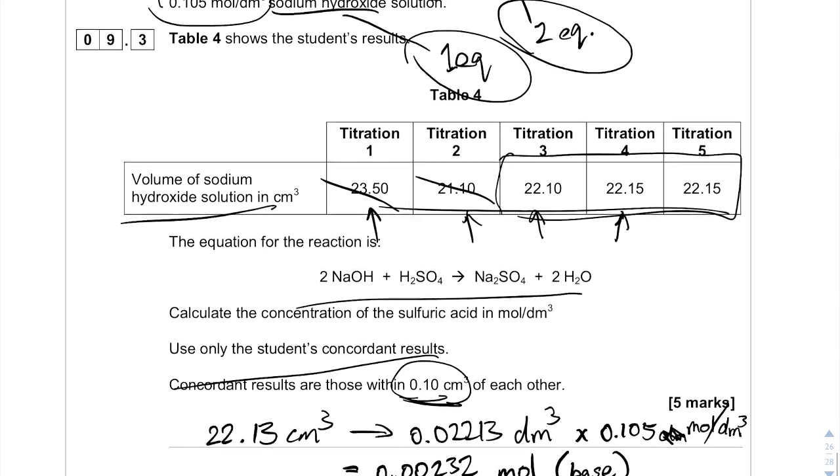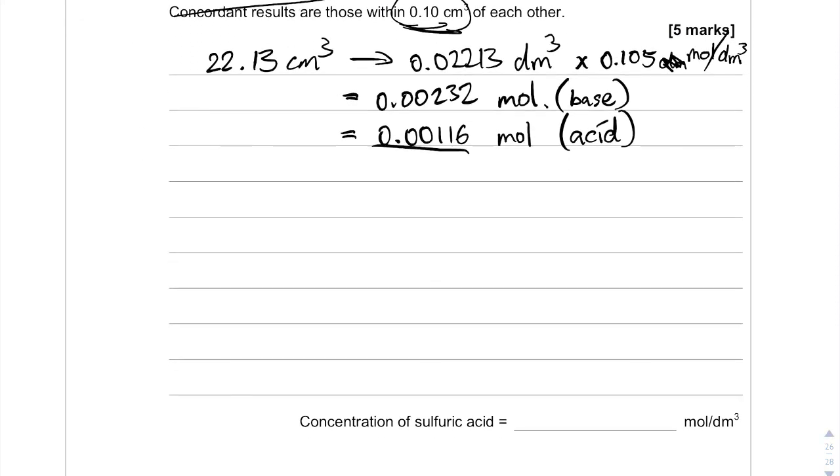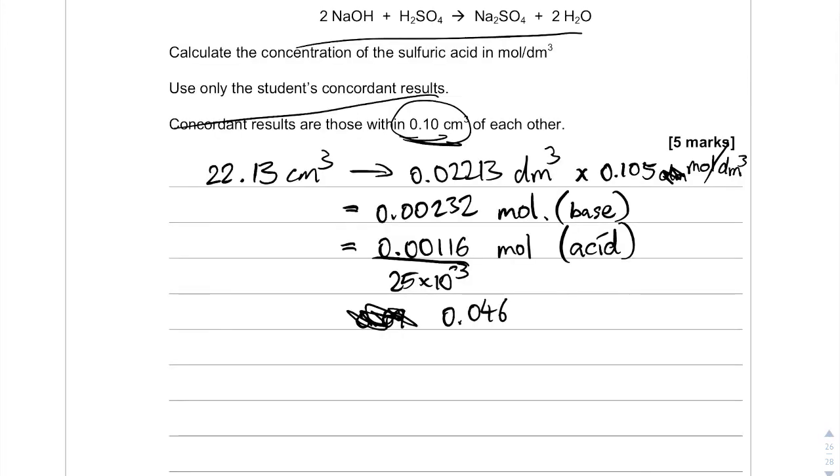And finally, we know that the total volume for the acid is 25 cm cubed, which means that you divide that by 25 times 10 to the minus 3 dm cubed, 0.0465 in 3 significant figures, in moles per decimeter cubed. And yes, so this is the concentration.